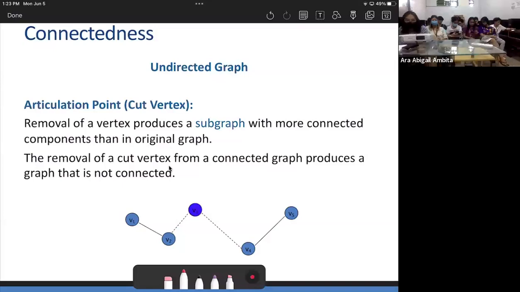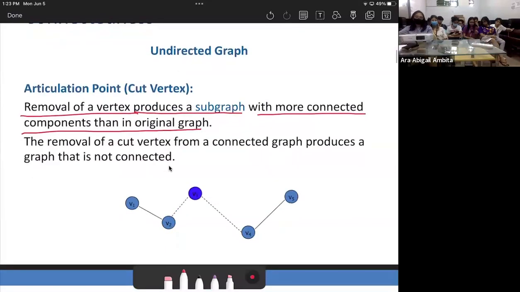So, for example, meron tayo ditong graph G composed of vertices V1, V2, V3, V4, at saka V5. So, an articulation point or cut vertex: the removal of a cut vertex from a connected graph produces a graph that is not connected.